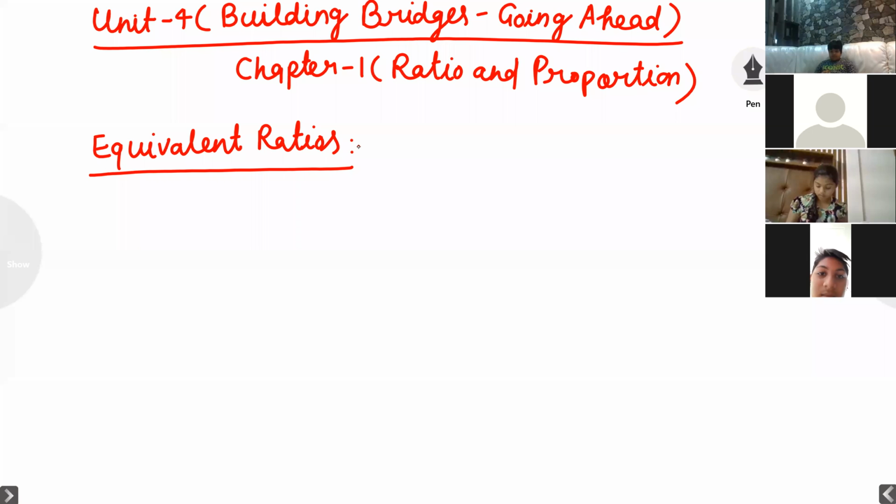In this first chapter, second subtopic is going on now, equivalent ratios.